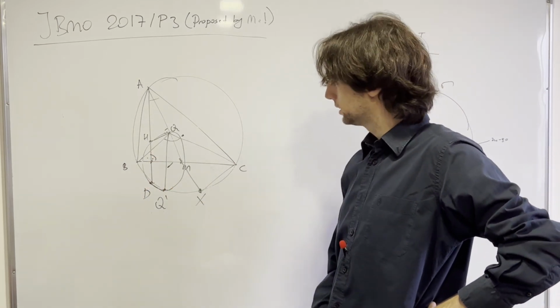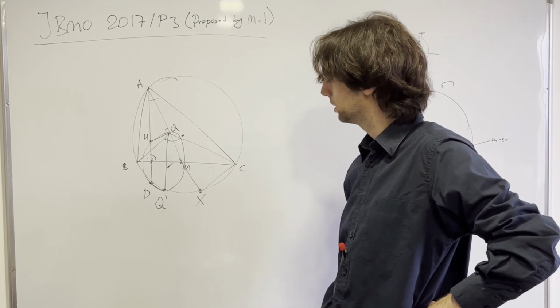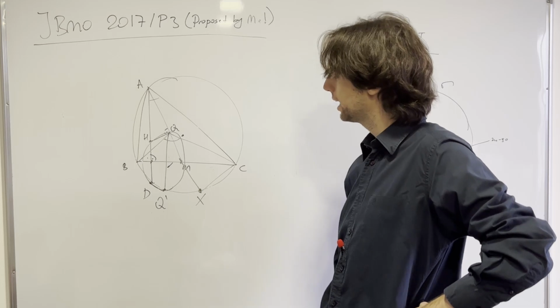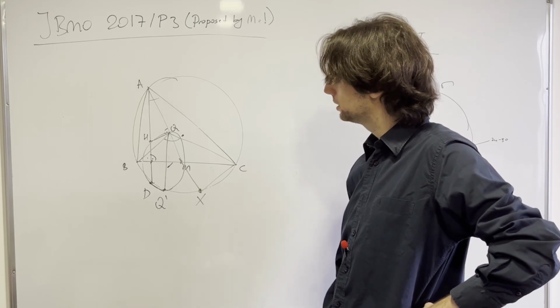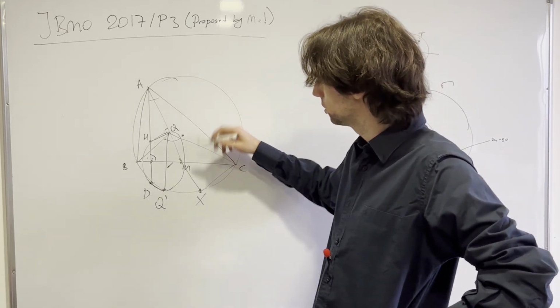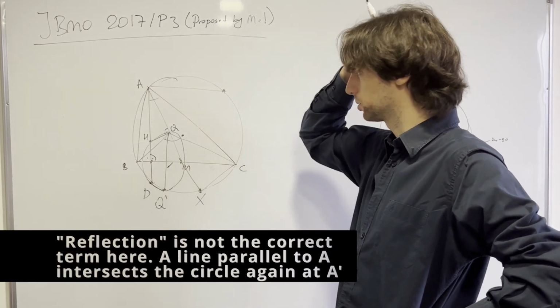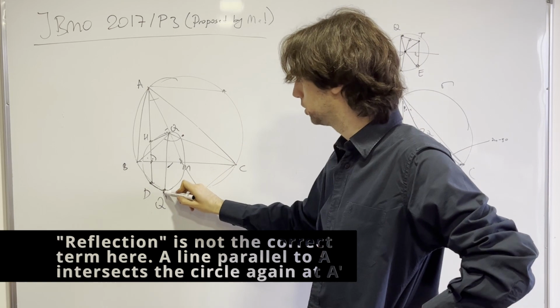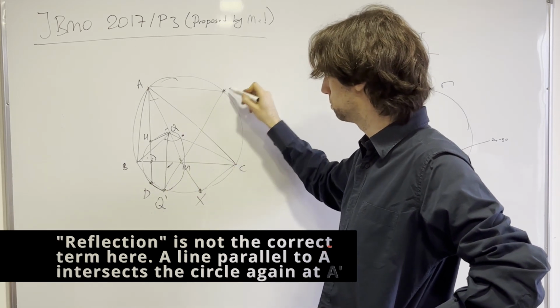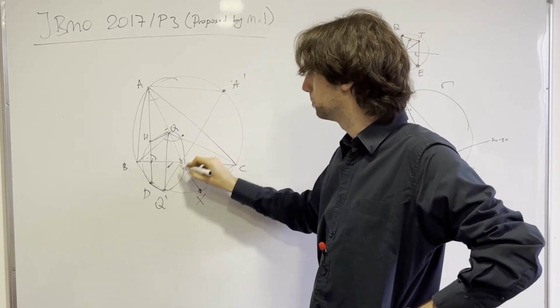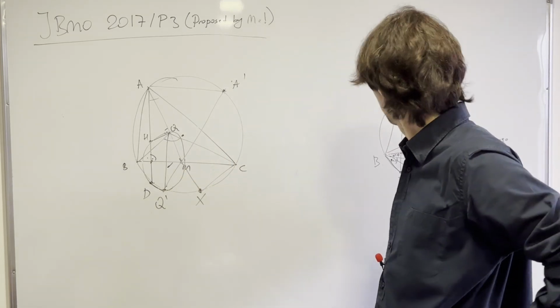So I know these facts, and I'm thinking to myself, okay, what happens when I take the reflection of A on the circumcircle here? I also know that Q prime, M, and this point, call it, say, A prime, that these will be collinear.